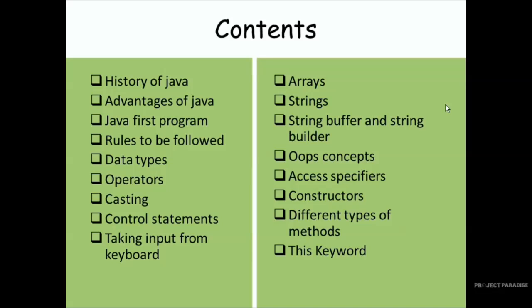What are arrays? What are strings? What are string buffer and string builders? OOPS concepts. What are access specifiers? What do you mean by constructor? What are the different types of methods we are using in core Java?